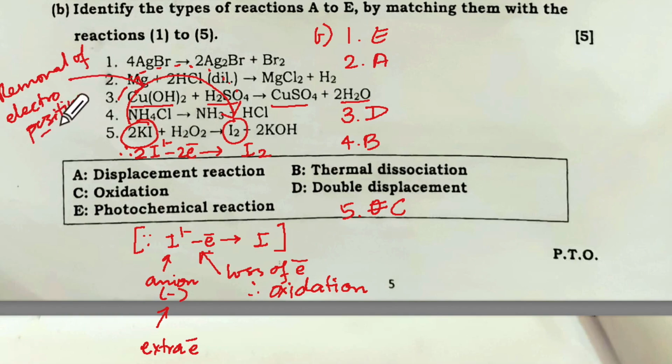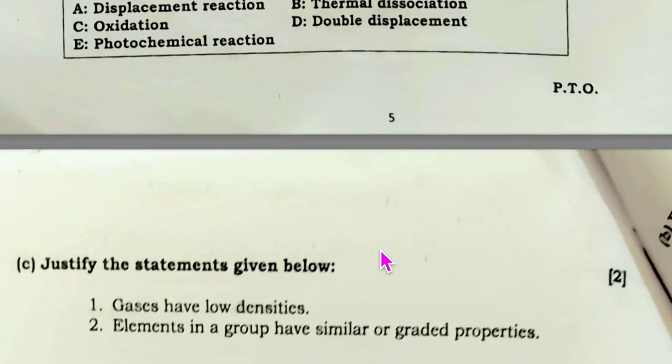Do you remember addition of electronegative was oxidation? So removal of electropositive becomes oxidation. Did you understand? Now, out of this 5, I doubt if anybody got 5 out of 5.